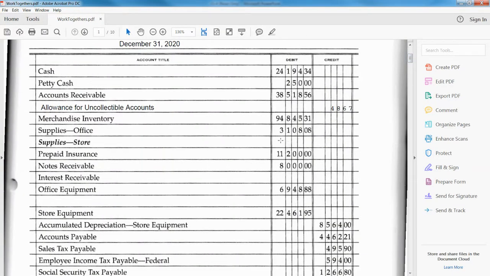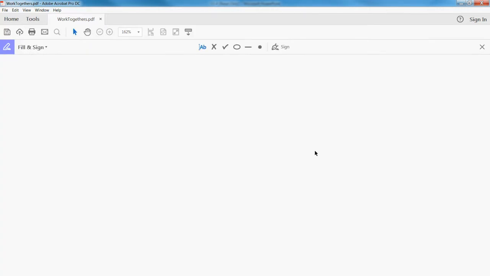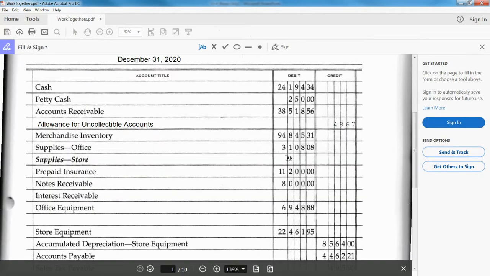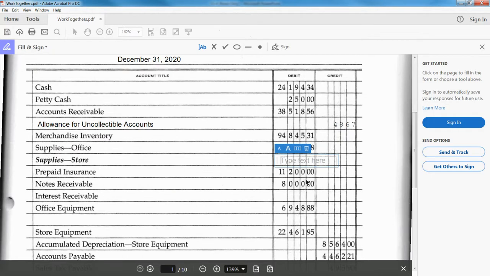We just need the balance. And that balance was $4,483.62. That was our balance for supplies store.